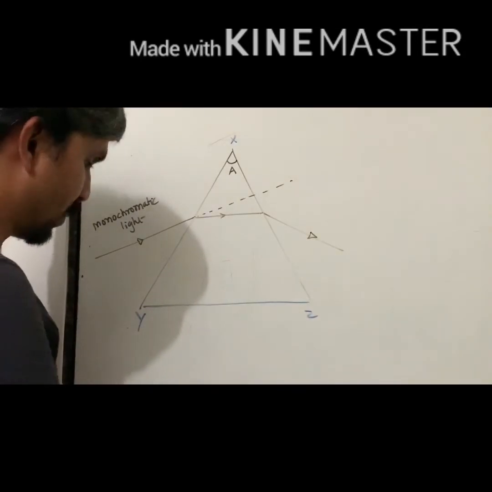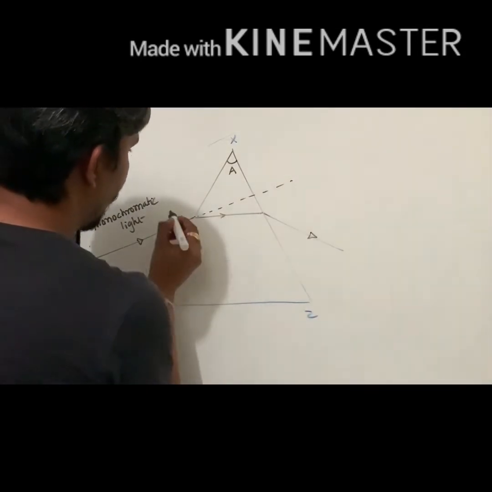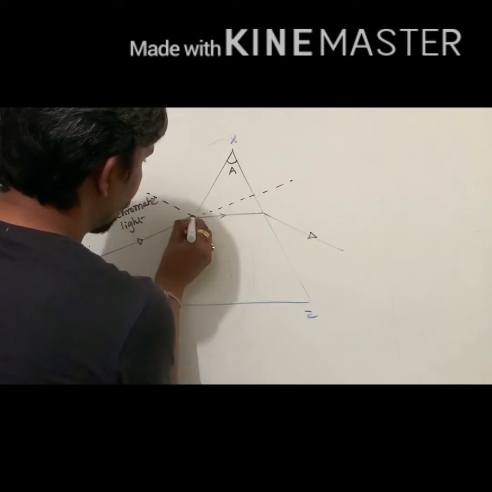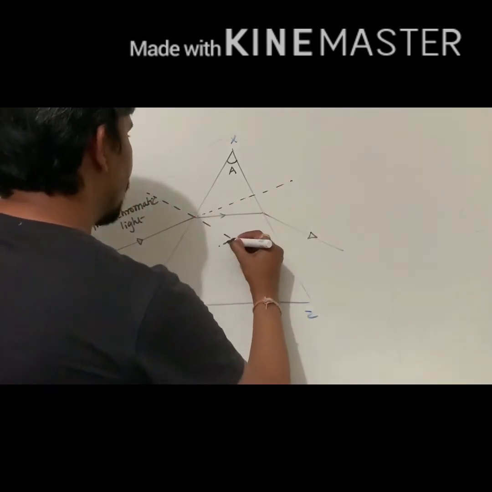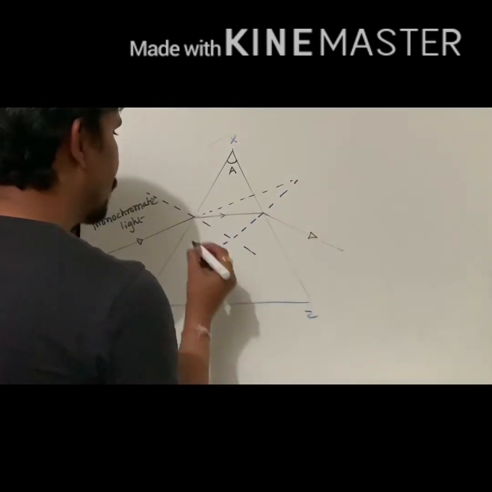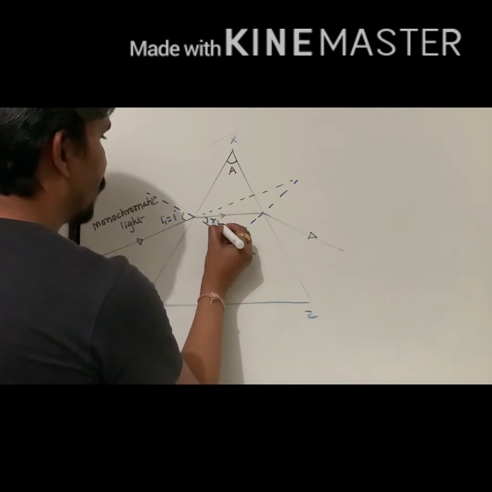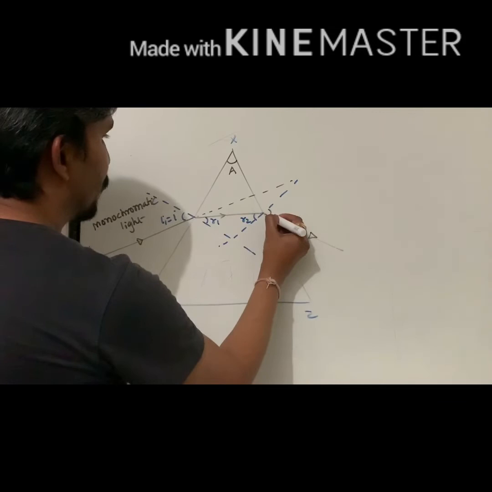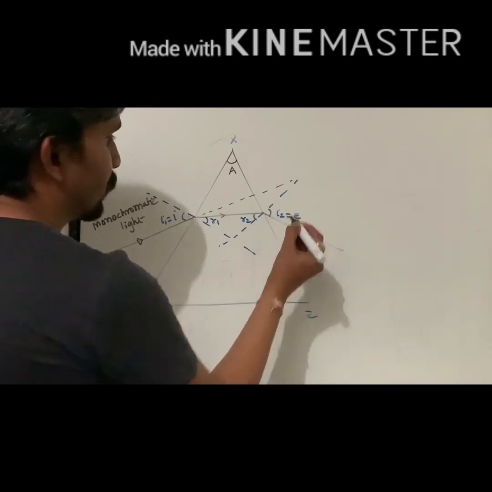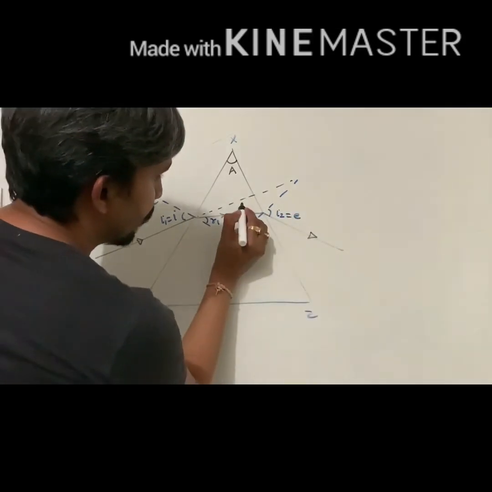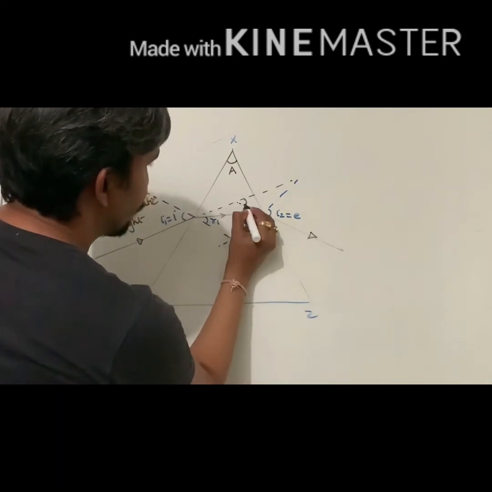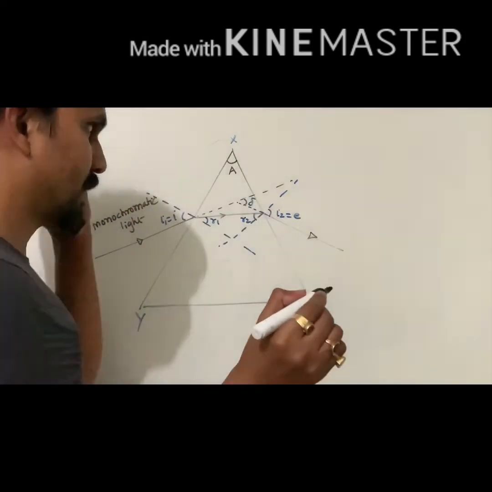Now here what you have to do: draw two normals. This is the first normal drawn, this is the second normal drawn, right? This is the angle of incidence i1 equal to i, r1, this is r2, and this is i2 equal to e. Take this emergent ray in the backward direction, this is called delta, right?